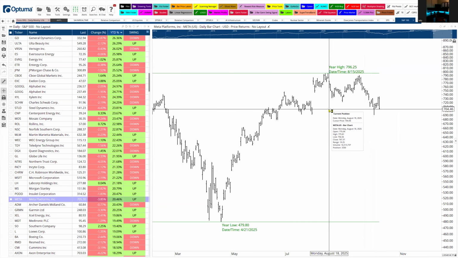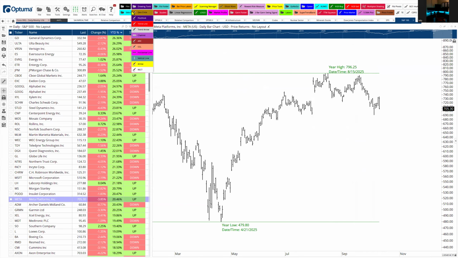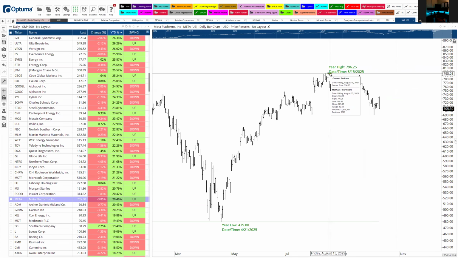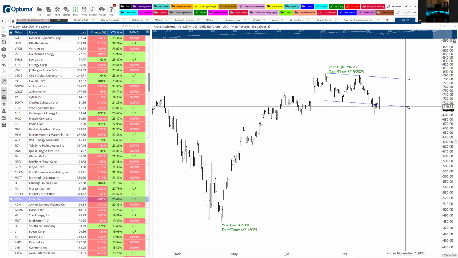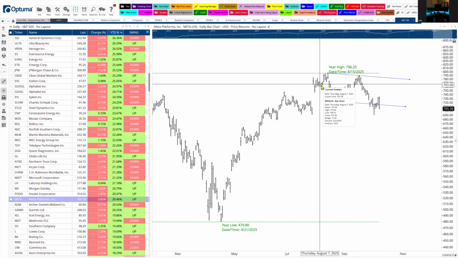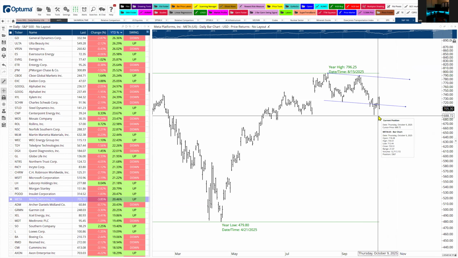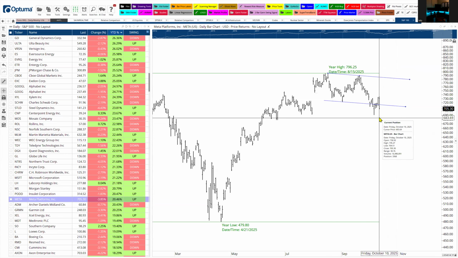We looked at the Netflix. Now it has kind of a little wedge pattern. Now you have Meta, got a bit of an overthrow here. It has this weakness right there.